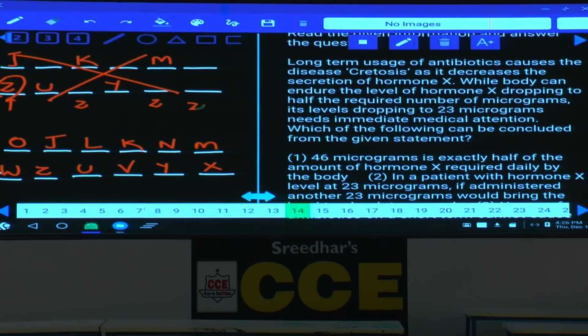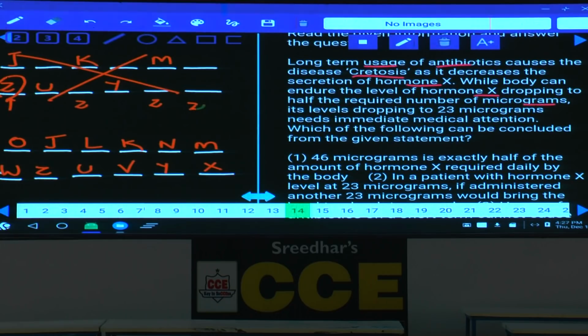Long term usage of antibiotics causes the disease keratosis, as it decreases the secretion of hormone X. It decreases the secretion of what? Hormone X, by which this keratosis will occur. Then while the body can endure the level of hormone X dropping to half the required number of micrograms.